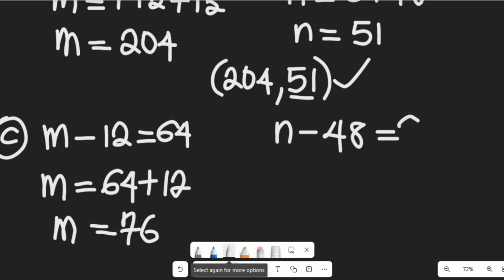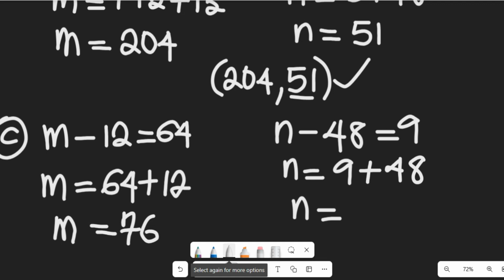So if we put 9 here, n will be equal to 9 plus 48. 9 plus 48 will make our n equal to 57.